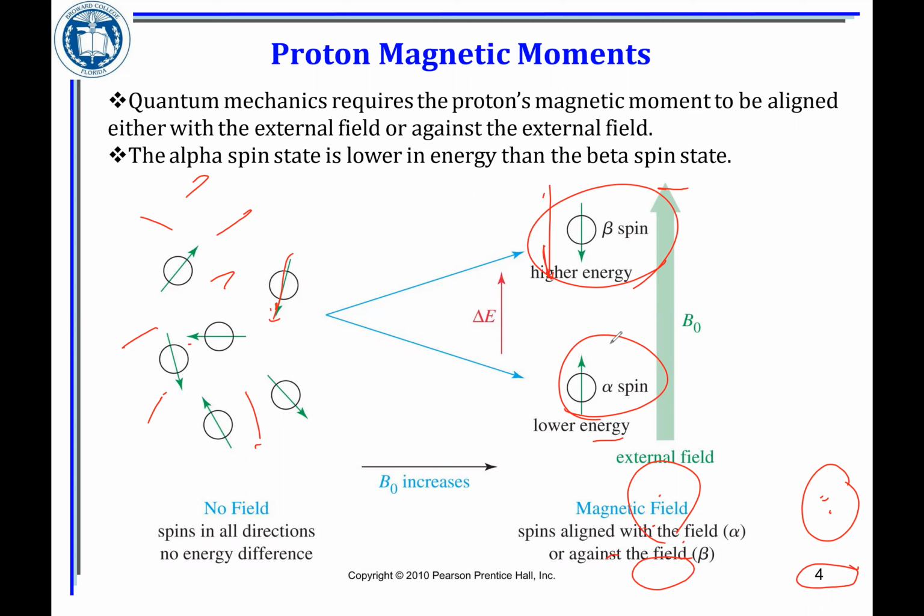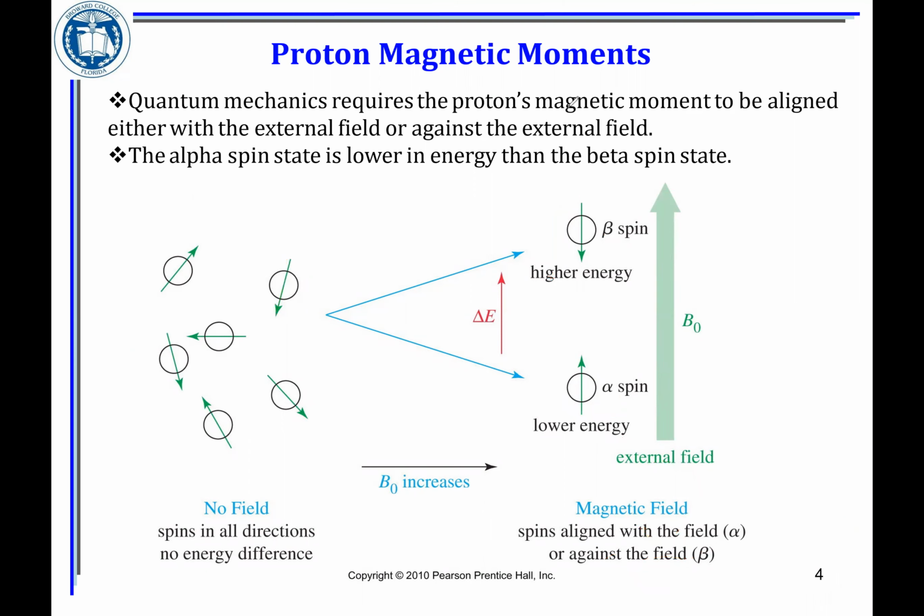When we have them aligned with or against the field, there's a difference in energy. There is an energy difference between the alpha state and the beta state. When the analysis of the sample begins, the machine is going to change all of these beta states to alpha, or vice versa, because it's the same amount of energy.